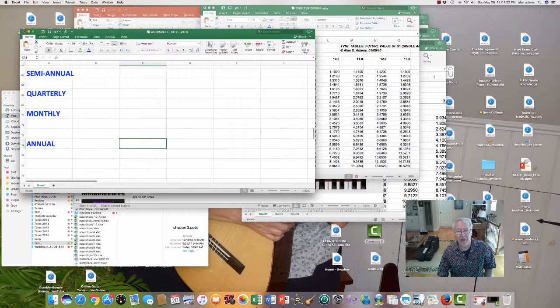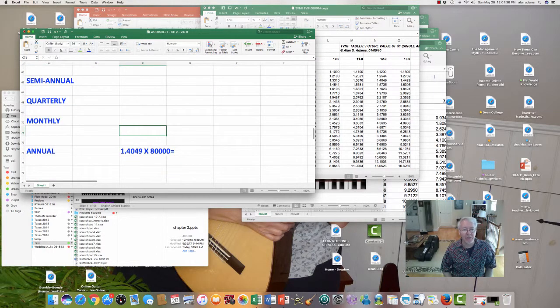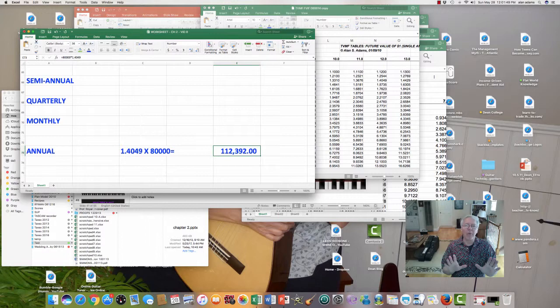If I take 1.4049 and multiply that times, how much am I dealing with? I think it was $80,000. Let me verify that, please, for one moment. Yes, $80,000. Doing it the way that we've done it so far will give us $112,392.40. That's going to be our baseline. Now that is how we've done everything so far. Now what we have to do is look at other payment periods like this. Hold on one moment, please.